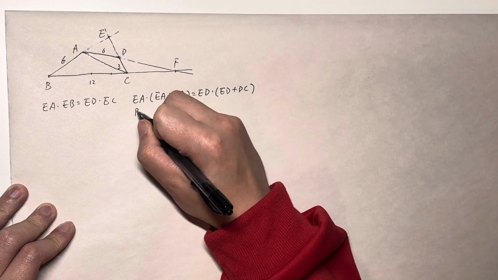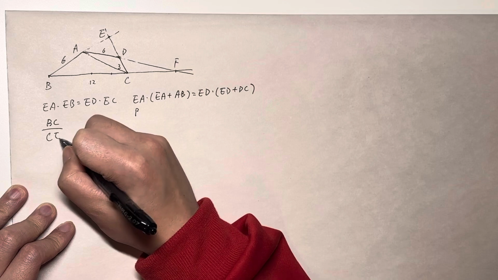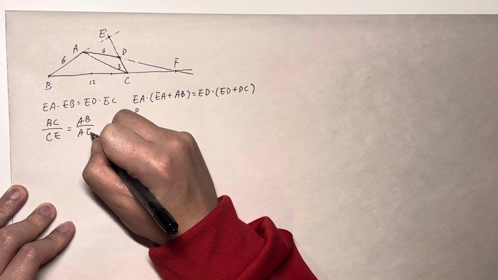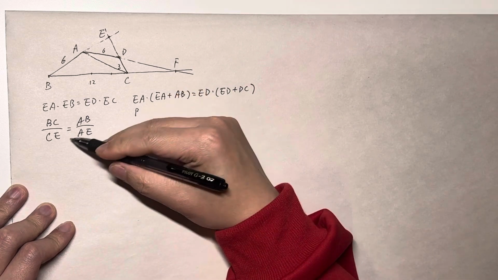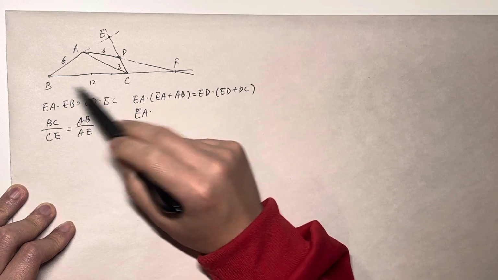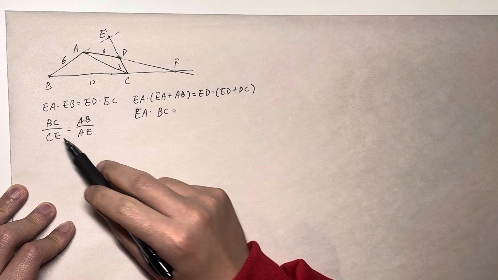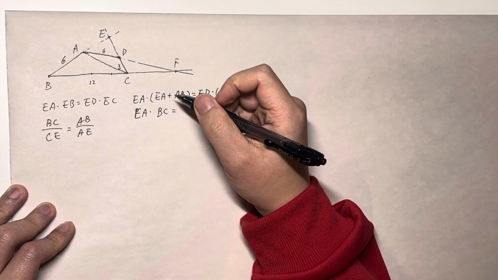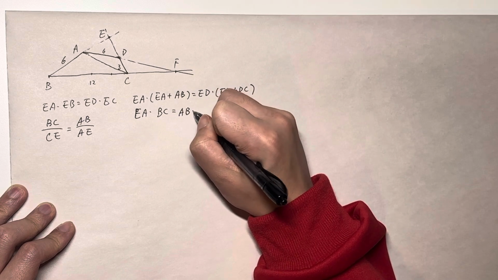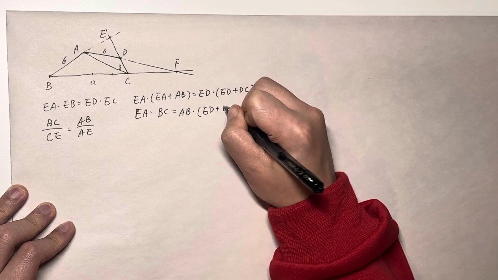Then we have BC to CE equals AB to AE, right? So we write this one here, EA times BC equals AB times CE. CE is ED plus DC.